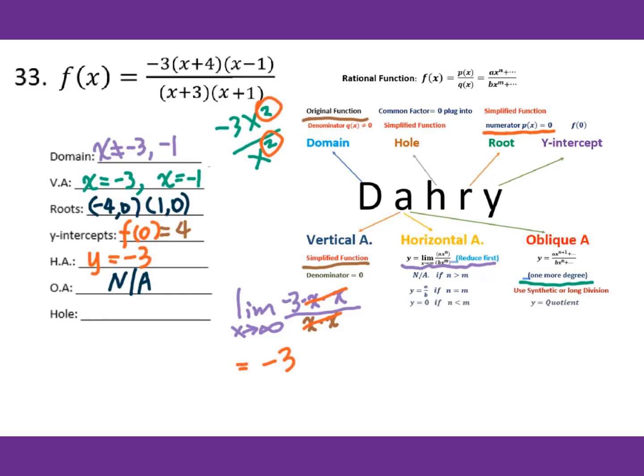Or you can just write down not available, because for horizontal asymptote line and oblique asymptote line, remember that it is either or neither. The hole is not available because there is no common factor.